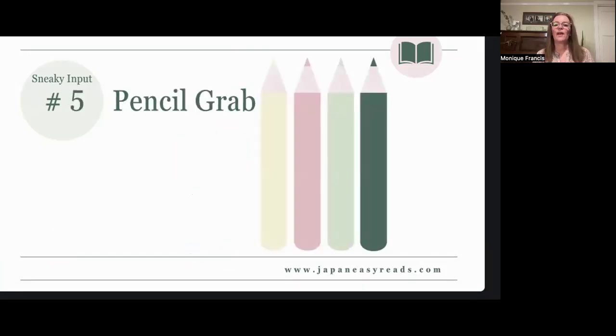Sneaky input number 5 is the pencil grab. It's so easy to use. It's great for recapping and providing extra input. I've talked about this one a lot, and it's my go-to because it's absolute simplicity and the way that it checks for comprehension, provides more input.